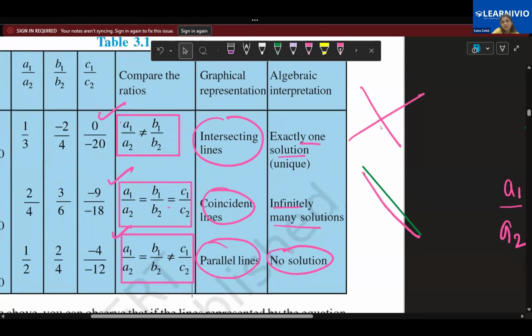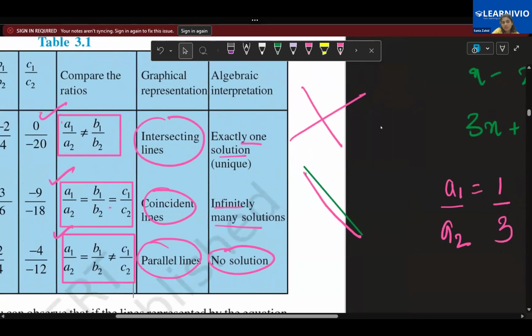Okay, so children, just do one thing, copy this table quickly. Just copy the highlighted part, like the pink annotated portion. Ma'am, which one? Graphical representation or algebraic one? Algebraic interpretation.